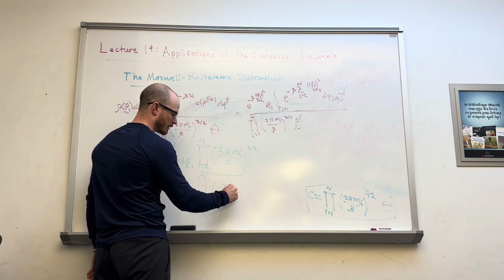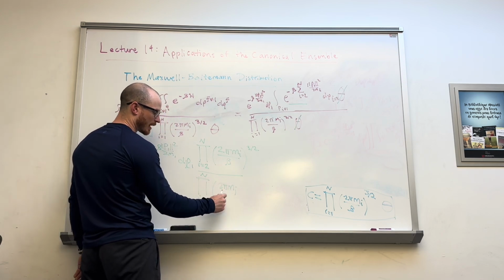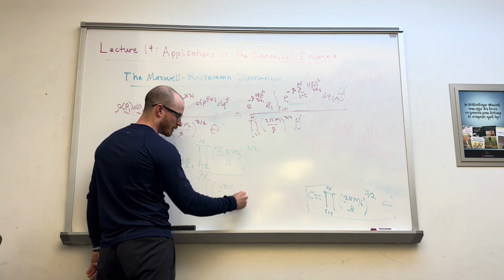And I'm just going to call that index j here, (2 pi mj over beta) to the 3/2.